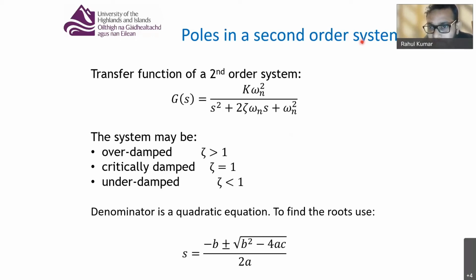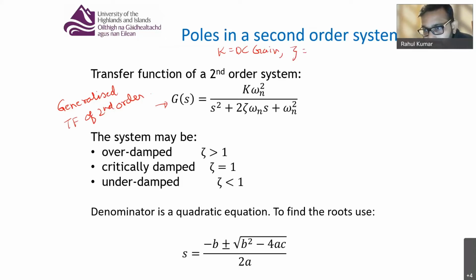This is the generalized transfer function of a second order system, where K is the DC gain, zeta is my damping factor or damping ratio, and omega n is the undamped natural frequency.